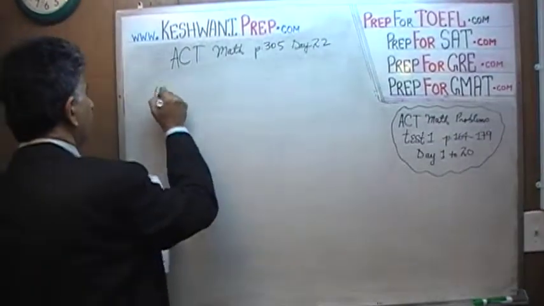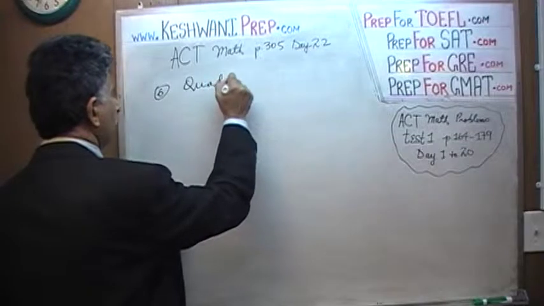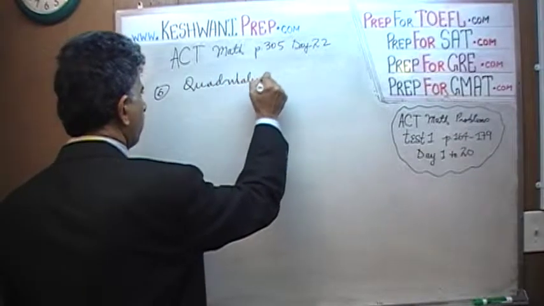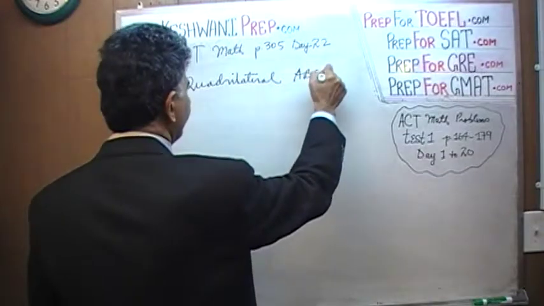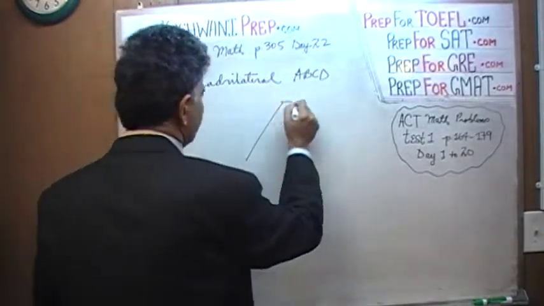We have a quadrilateral ABCD, which looks something like this.